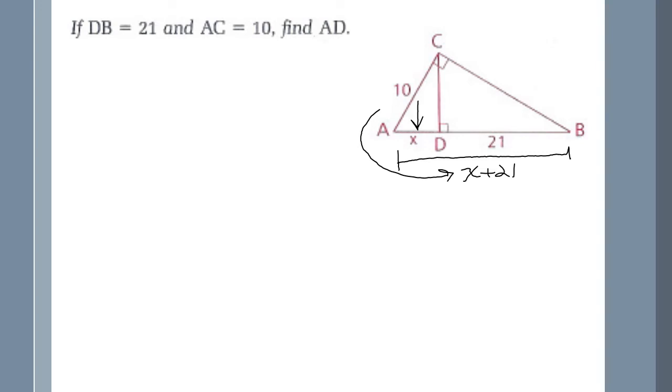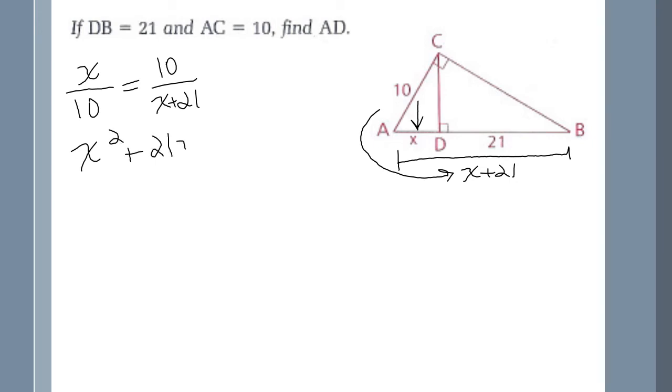So we're going to set this up as x over 10 equals 10 over x plus 21. So we're going to cross multiply now, and we end up with x squared plus 21x equals 100.